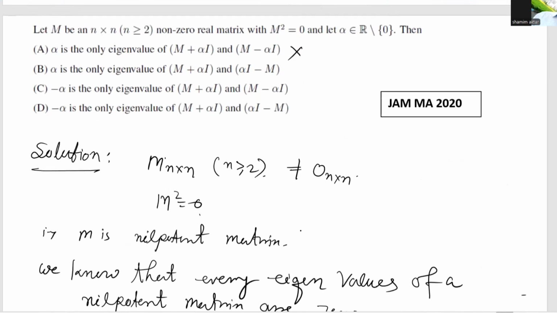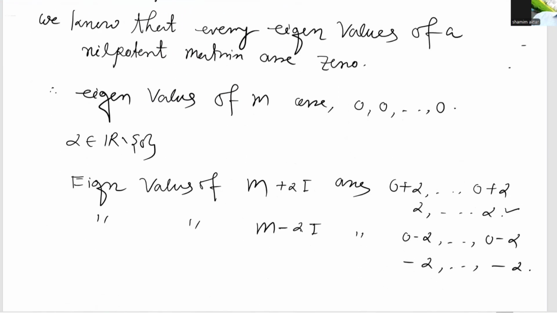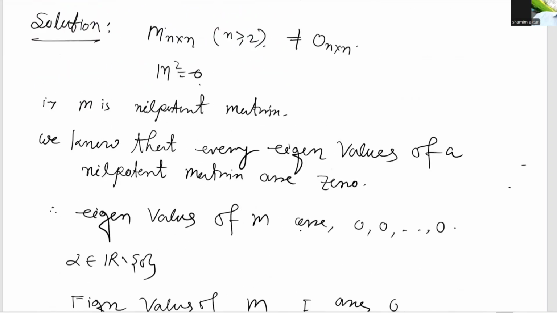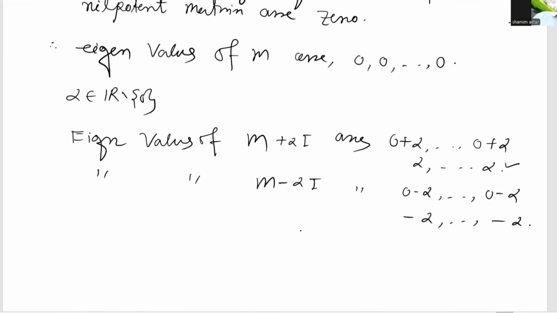Now option B, that is, find the eigenvalues of alpha I minus M. The eigenvalues are alpha minus 0, dot dot, alpha minus 0, that is alpha, dot dot, alpha.